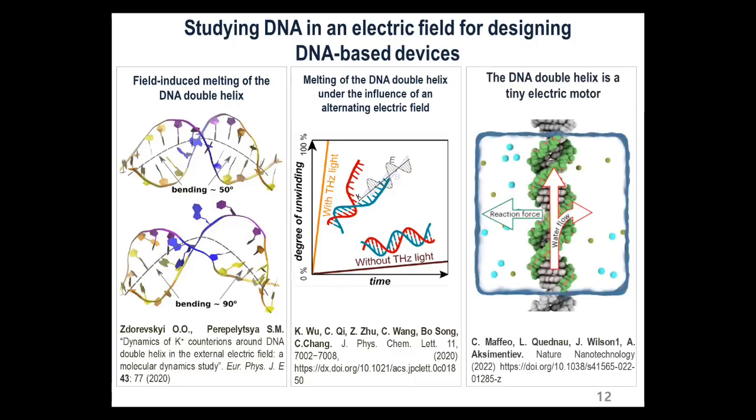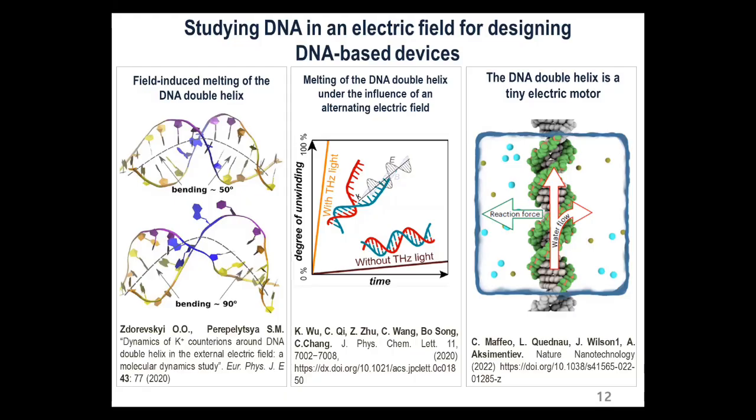Another very interesting simulation was done for DNA in solution with ions, and it was shown that the external electric field made the DNA macromolecule rotate. And it was shown that this is because ions move and they induce the water flow, making this rotation possible.